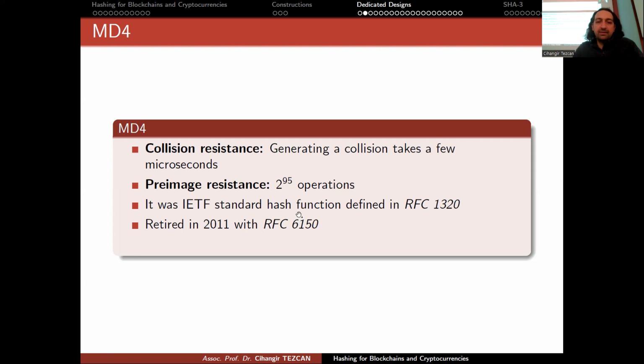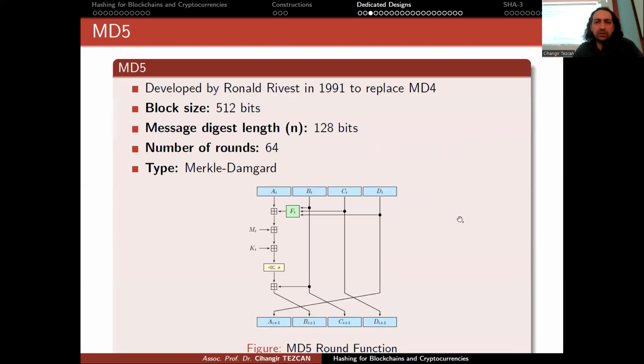So it was an IETF standard hash function defined in RFC 1320, and it was retired in 2011. Just see that such a bad hash function was used until 2011, okay? It influenced later designs like MD5 or SHA1 or RIPEMD. If you look at MD5, the unfortunate thing is that people still think that this is secure.